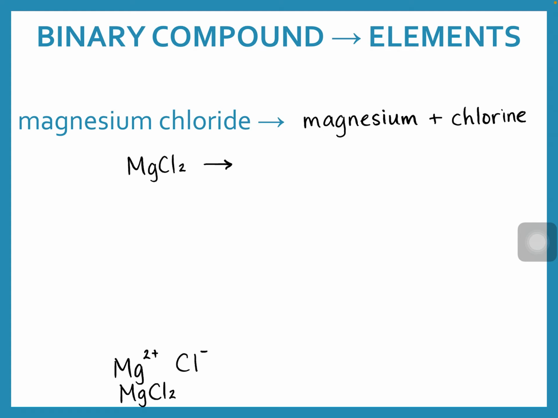And then that breaks down into Mg, and all metals we just write as a single atom. And chlorine, we know from Hofbrinkel, is a diatomic element, Cl2. So we have 1 magnesium, 2 chlorine, 2 chlorine, so that is balanced.